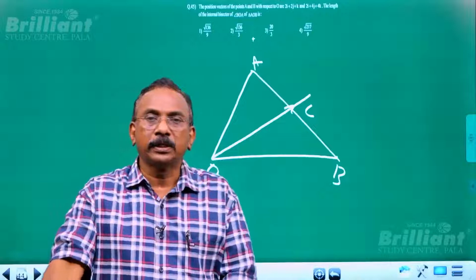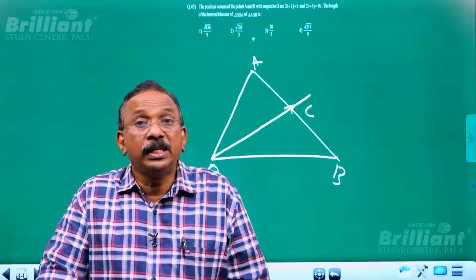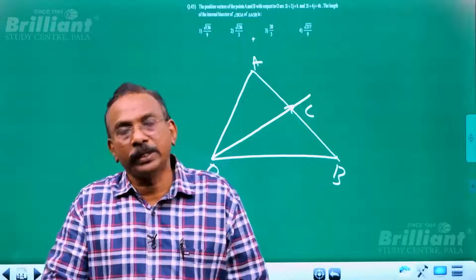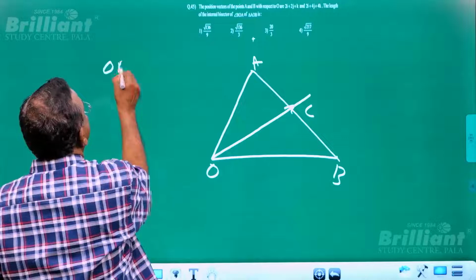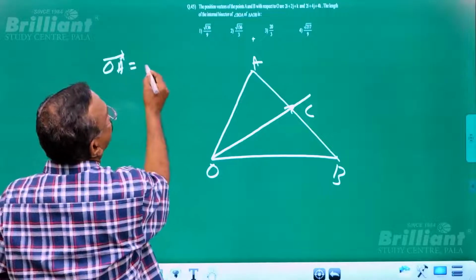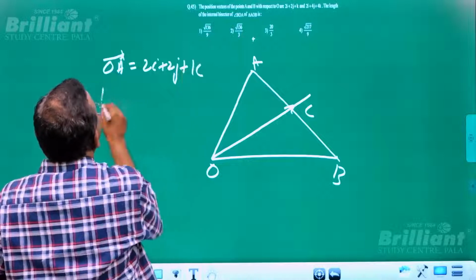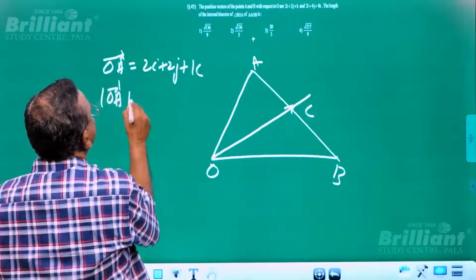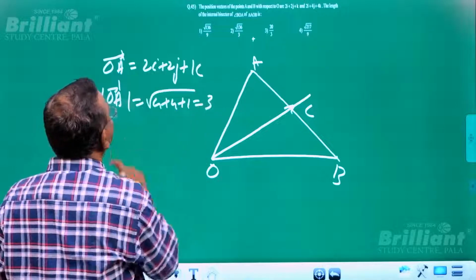The angle bisector of a triangle divides the opposite side in the ratio of the lengths of the other two sides. So here, first OA is given as the first side. OA is equal to 2i plus 2j plus k. Then mod vector OA is equal to root of 4 plus 4 plus 1, that is equal to 3.